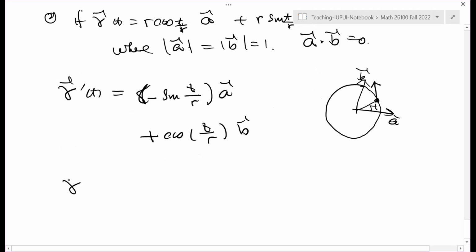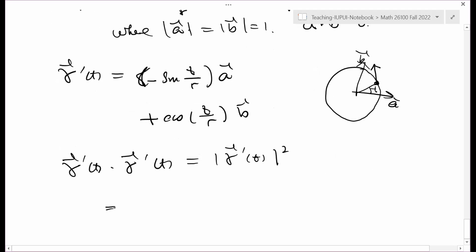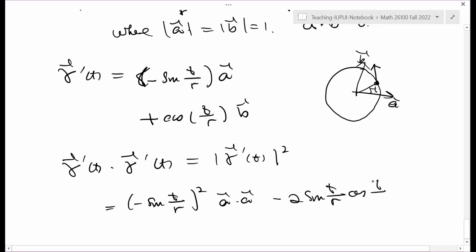All right, so this is a tangent vector. Let's calculate the length. The dot product with itself is the square of the length. It's going to be negative sine t of r squared, a dot a, minus twice sine t of r cosine t of r times a dot b, plus cosine squared t of r.